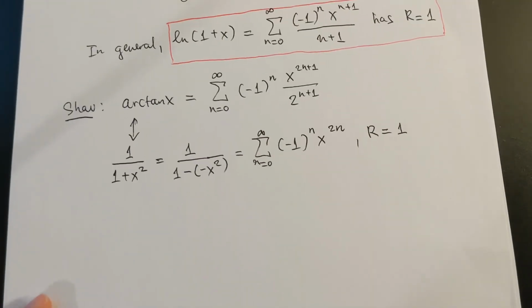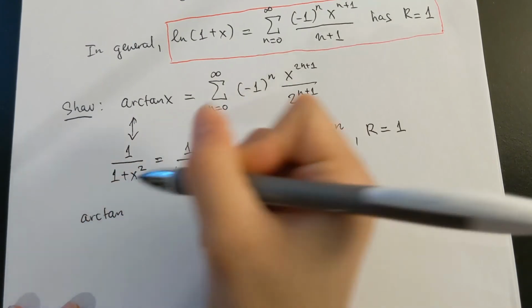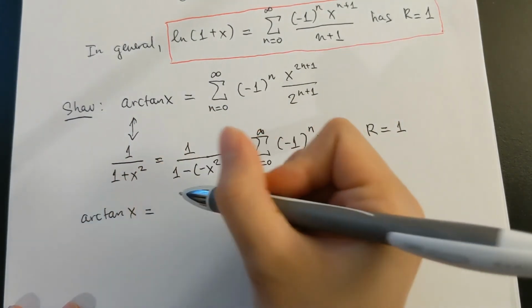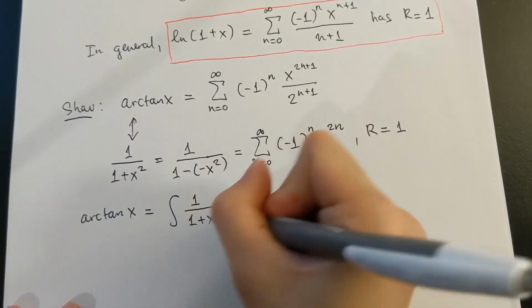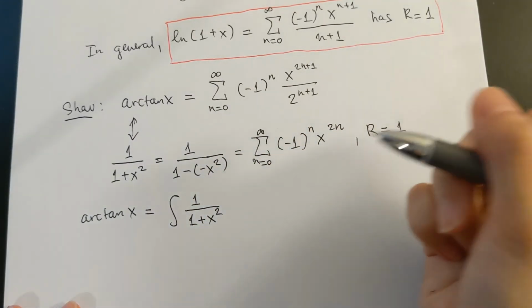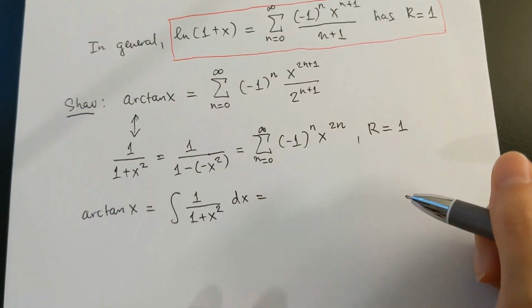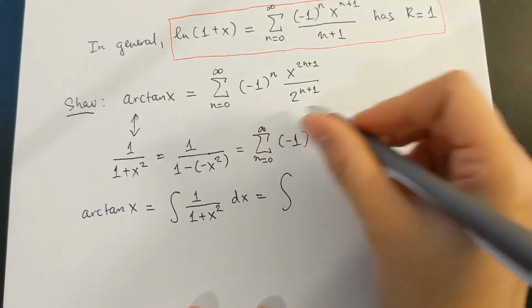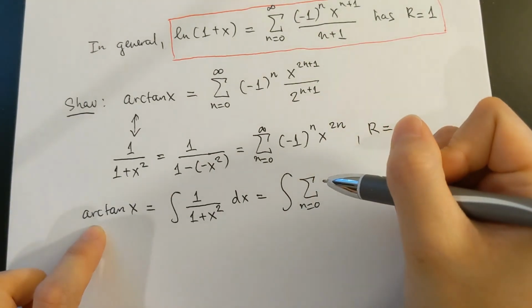So I know that arctan of x is the integral of 1 over 1 plus x squared. So now I just need to integrate this power series to get the power series representation for arctan.